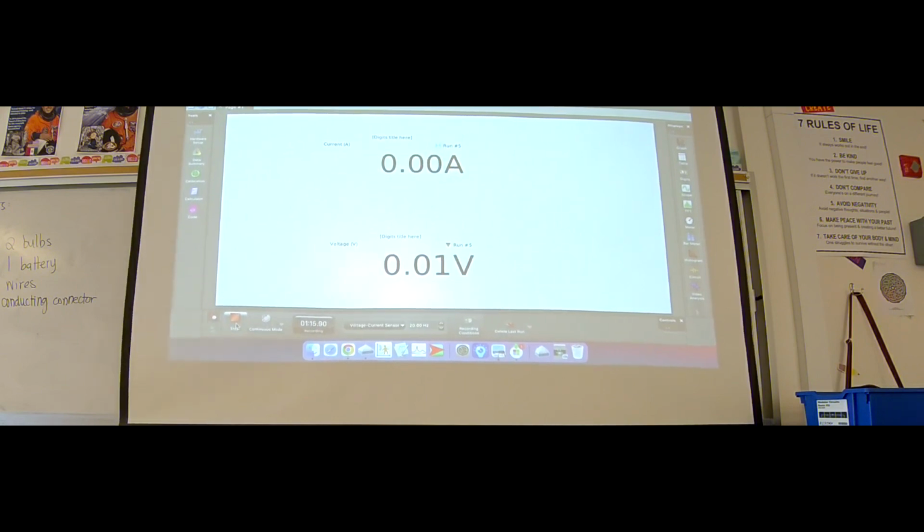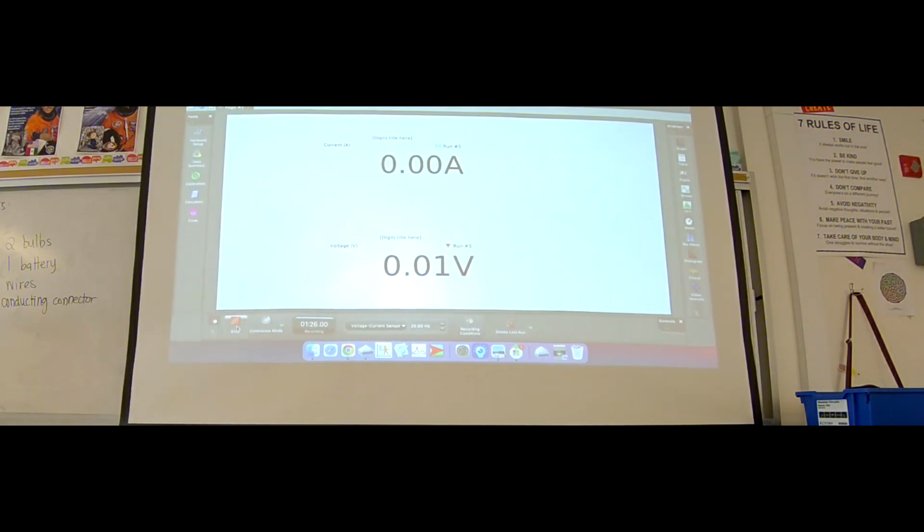Think about the loops. What do we know about the loops in parallel? What are each light bulb connected to that give it that high voltage? Come on, y'all. I know half the class is gone, but it shouldn't be that hard. What provides the voltage?